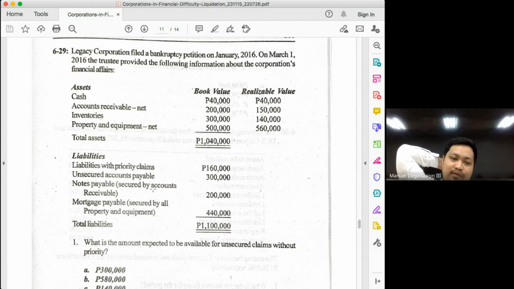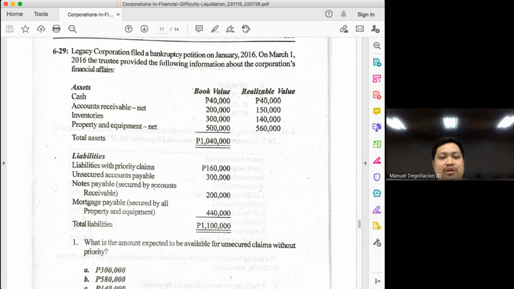Next, we move to the denominator, which is our total unsecured liabilities. We begin with liabilities that do not have any security, and that is your unsecured accounts payable. Okay, we do not include the 160 because it is with priority. 300, but what's the one thing I want you to remember for our denominator, class? Do not forget to add the unsecured portion of your partially secured.